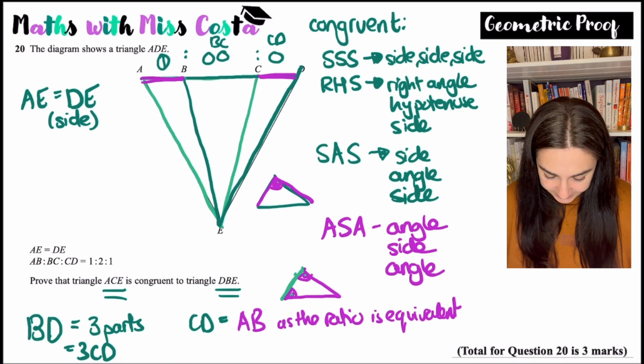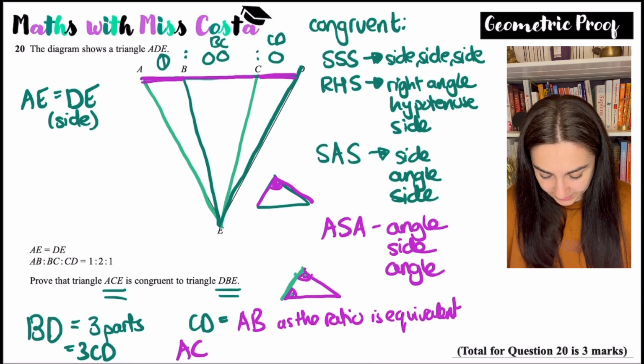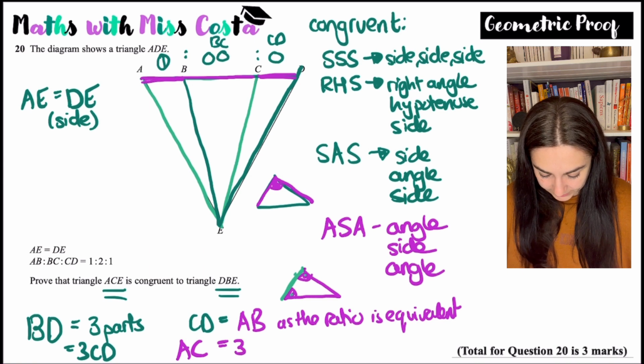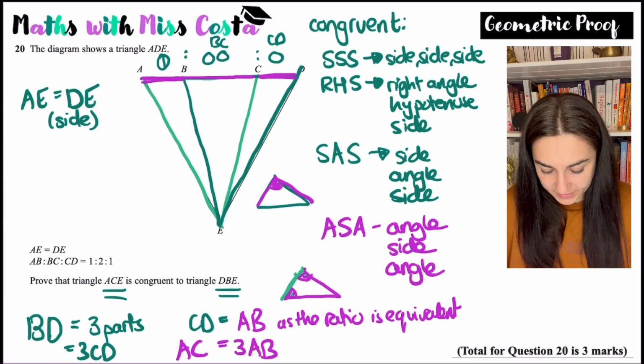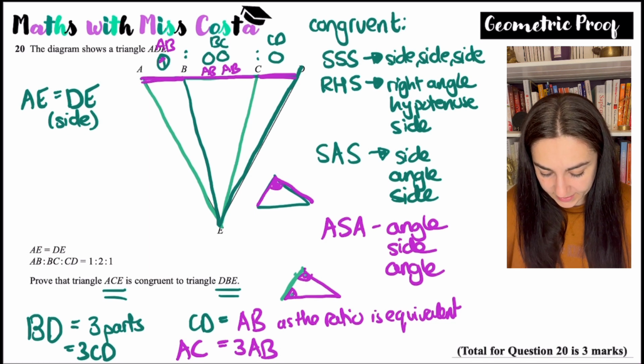So similarly, I could express the line AC for my other triangle, this one here. AC must be 3 lots of AB, because if this is AB, 1 part, this would also be AB, this would also be AB. So that's why it's 1, 2, 3 lots of AB.